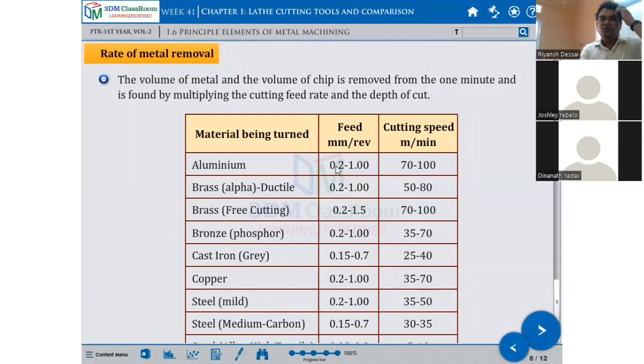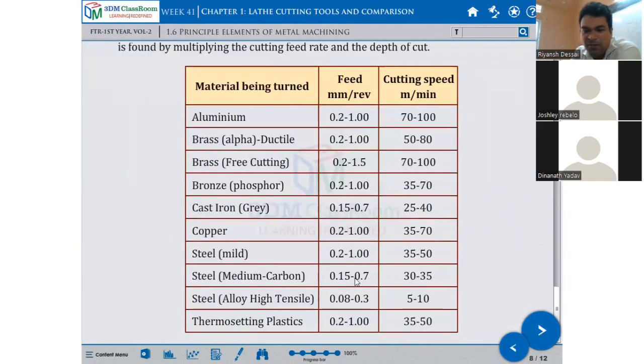For these different metals, aluminum, brass, bronze, cast iron, copper, steel, the feed should be 0.2 to 1 millimeter per revolution, and cutting speed 35 to 100 meters per minute. For medium carbon steel the speed is the same, the depth is a little less, but for high tensile alloy steel, the feed is 0.08 to 0.3 and the speed is very low. For thermosetting plastic, the feed is 0.2 to 1 and the cutting speed is 35 to 50 meters per minute.